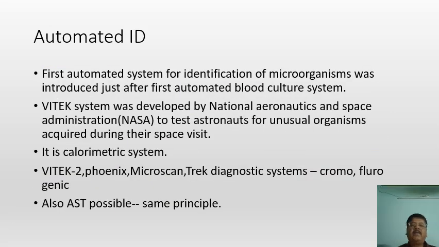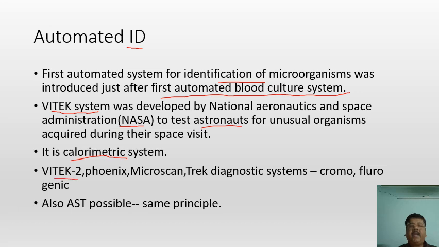Then automated ID. Automated ID was introduced for identification of the organisms just after the first automated blood culture system was introduced. The Vitek system is the example, and it was developed by NASA to test astronauts for unusual organisms acquired during their space visit. It is a colorimetric system.